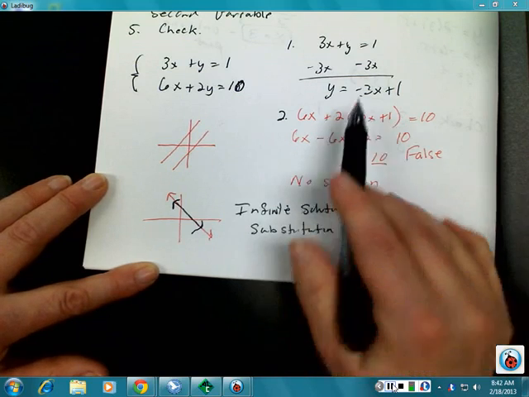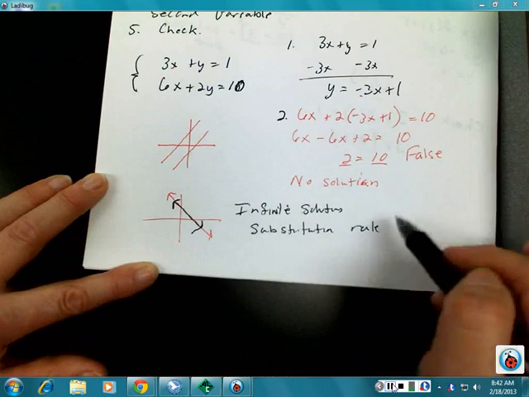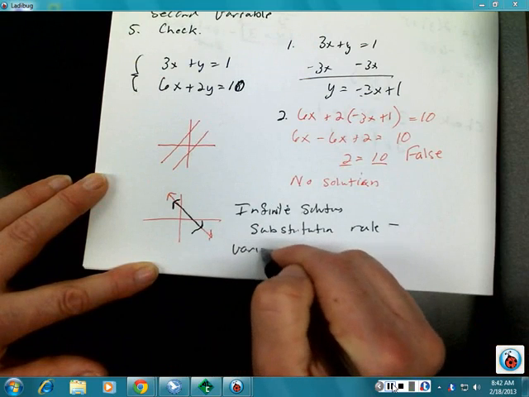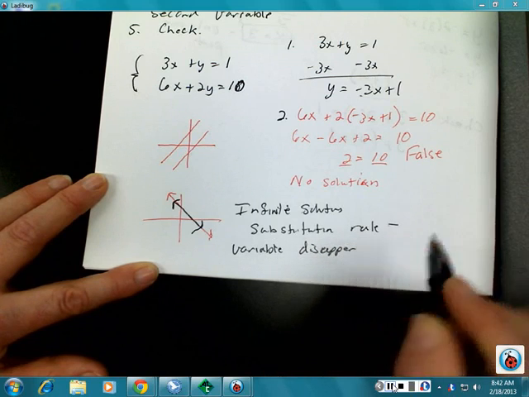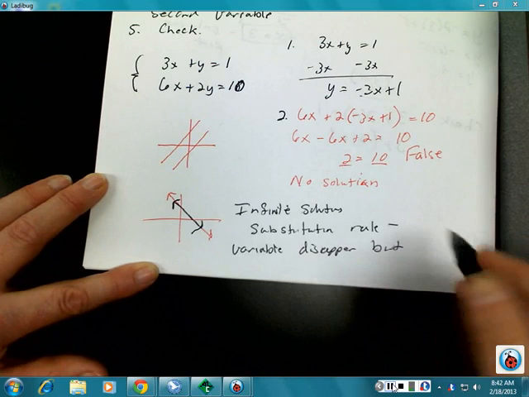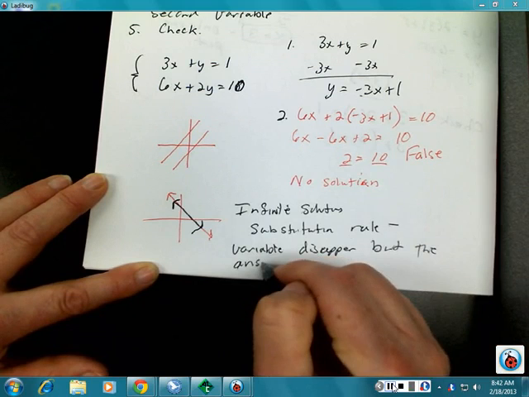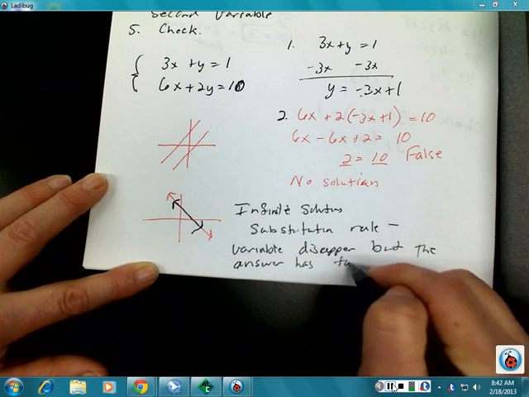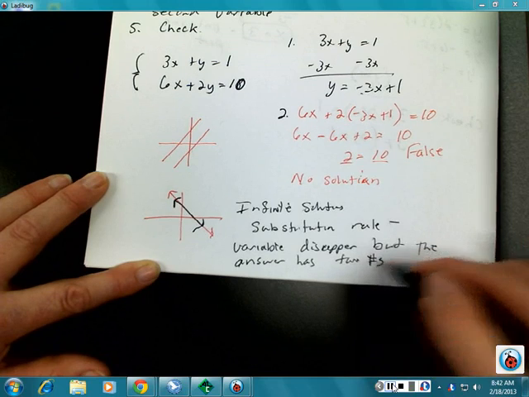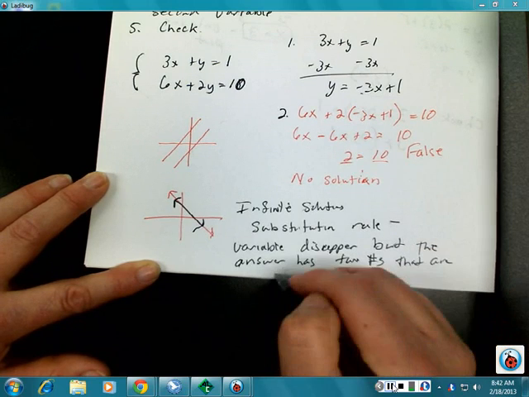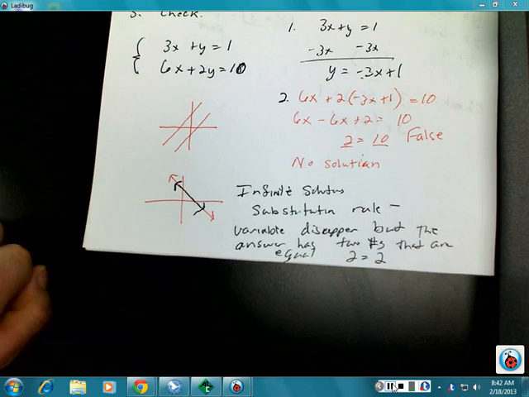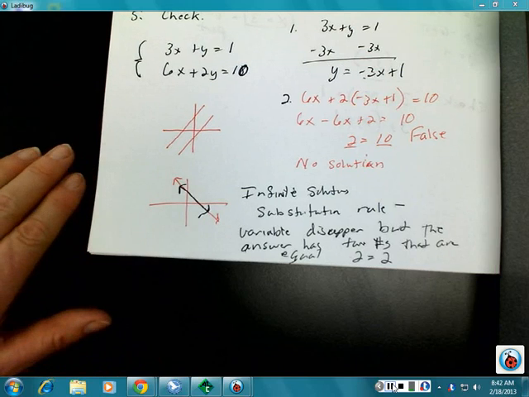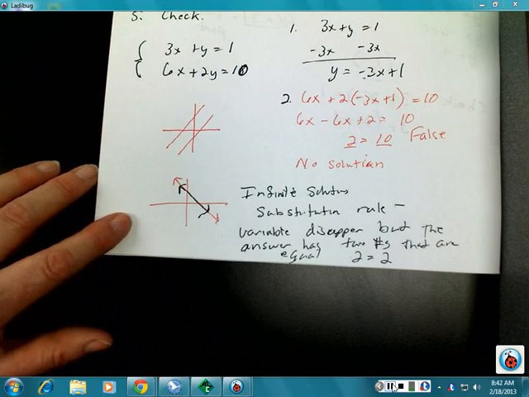You solve, just like we solved all of this stuff up here, and my variables disappear. But the answer has 2 numbers that are equal. So that might have come out as 2 equals 2, and you would know that you would have an infinite number of solutions to that one. Make sense? Okay? Yes? We're doing all right?